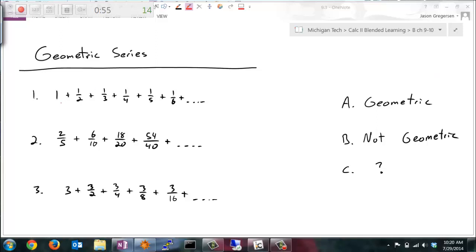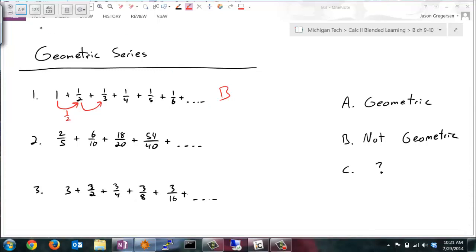So the idea is if I started at 1, what would I have to multiply by to get to 1/2? Times 1/2. So that would seem to be my constant value, my multiplier. So if I take 1/2 times 1/2, do I get to 1/3? I don't. So it's not geometric. I'm not going from term to term using the same multiplier. So it is not geometric.